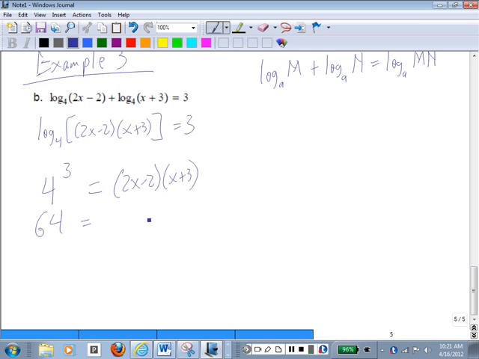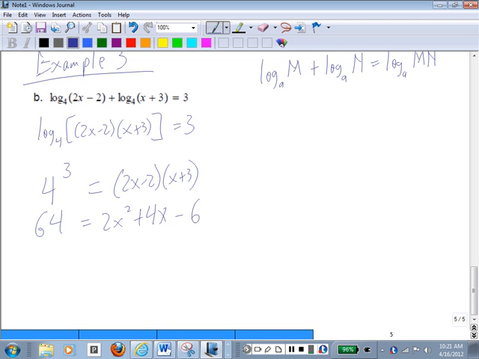On the right, we FOIL, we get 2x squared. There's going to be a 6x for the O terms and a minus 2x for the I terms. And that works out to be 4x, and minus 6 on the end. What's the next thing to do if we're trying to solve a quadratic equation?